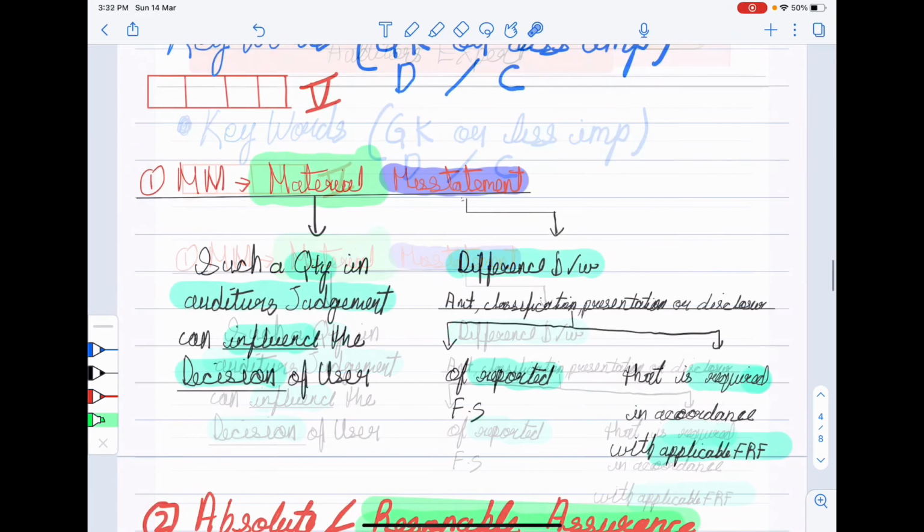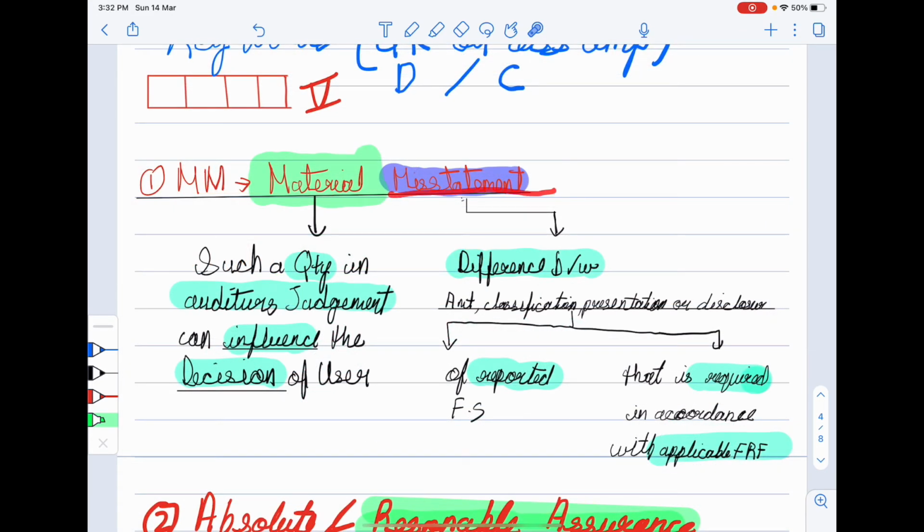Let's see what is misstatement. Misstatement is the difference between the amount reported in the financial statement and the amount which should have been reported in accordance with the FRF.